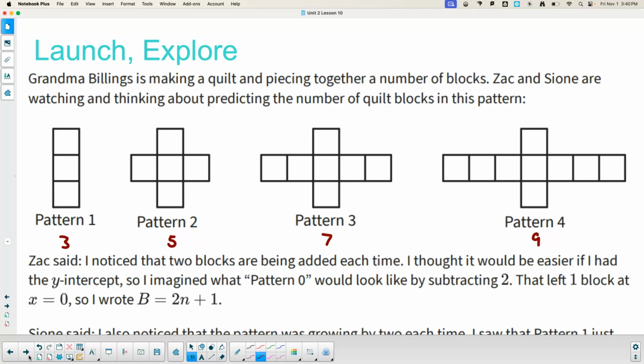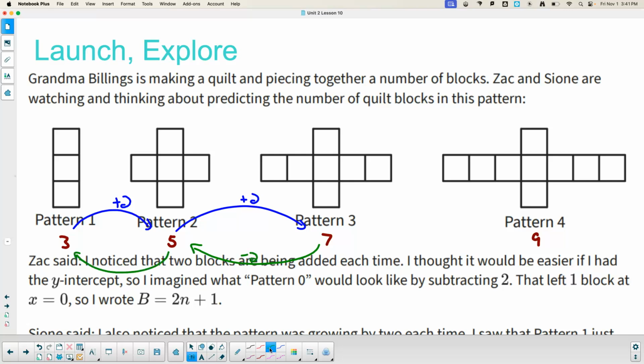I thought it would be easier if I had the y-intercept, so I imagined what pattern 0 would look like by subtracting 2. So again, if we are adding 2 to go that way, we can also be subtracting 2 to go to the left.